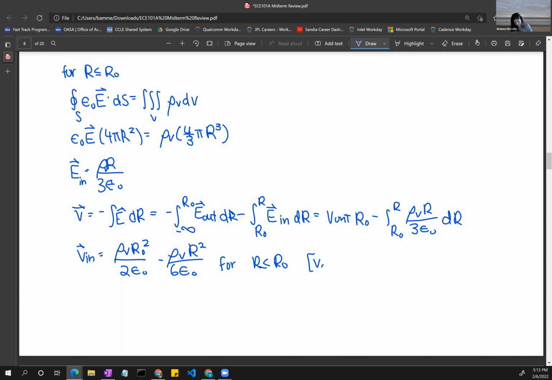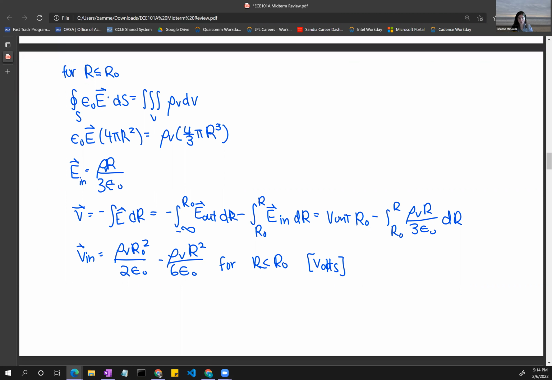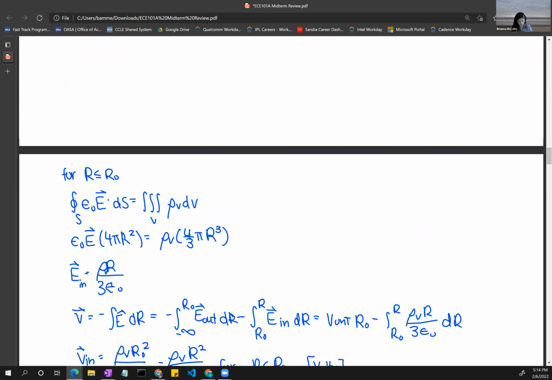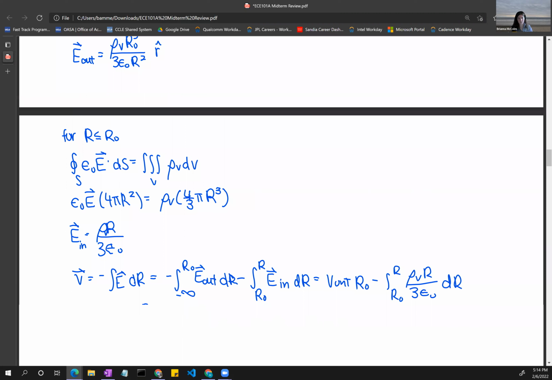So like the previous expression, this is also in units of volts, and this is defined for the inside of the sphere. So now that we found the expression at the inside and at the outside of the sphere, we found the potential at all possible locations for this problem. Does anyone have any questions?